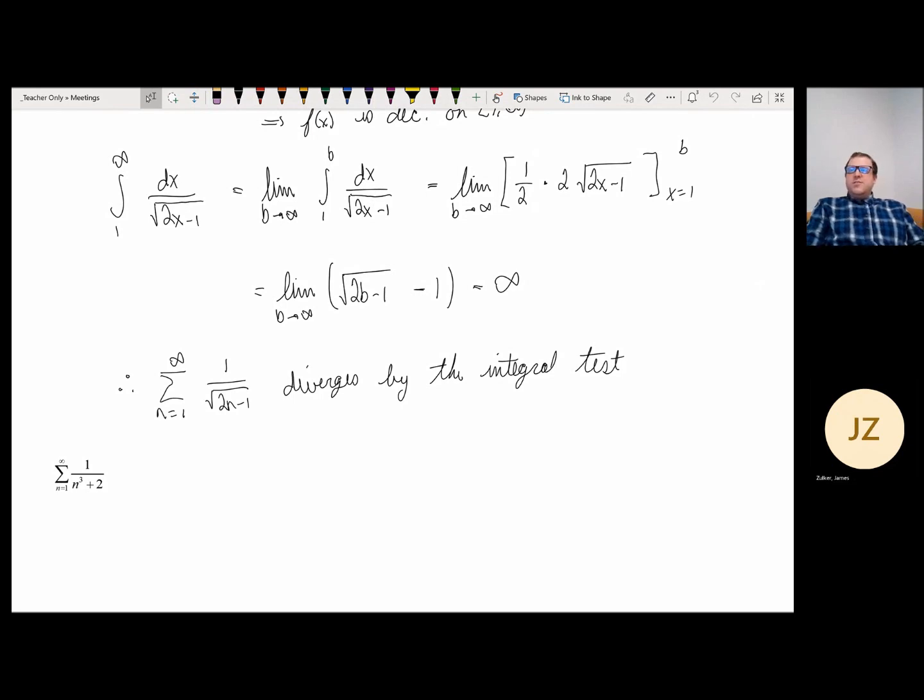The divergence test fails. Suppose we could use the integral test. No, we're not going to be able to. 1 over x cubed plus 2 has no analytic antiderivative. So the integral test isn't going to work here either.